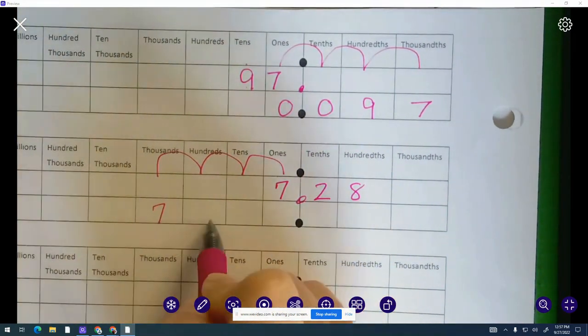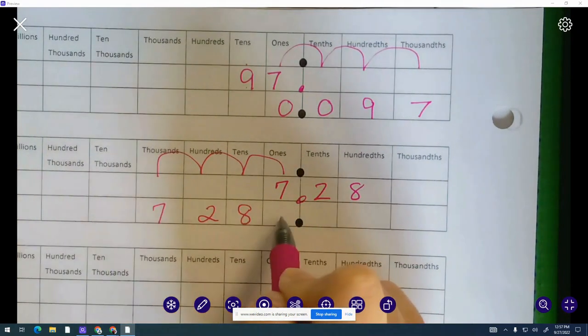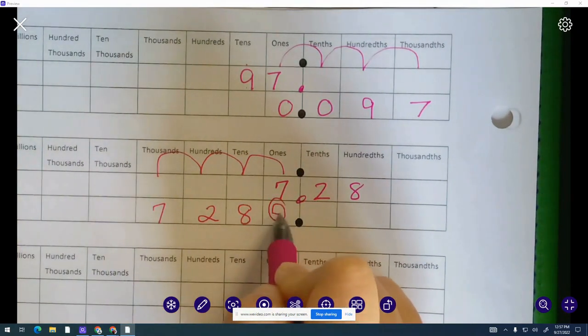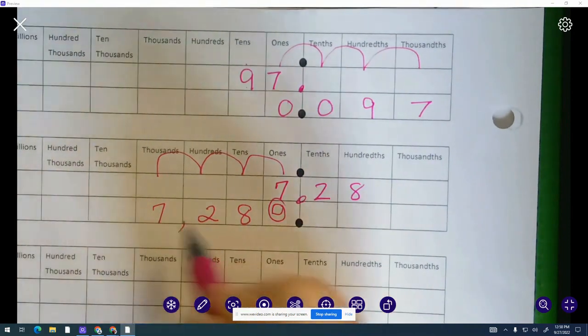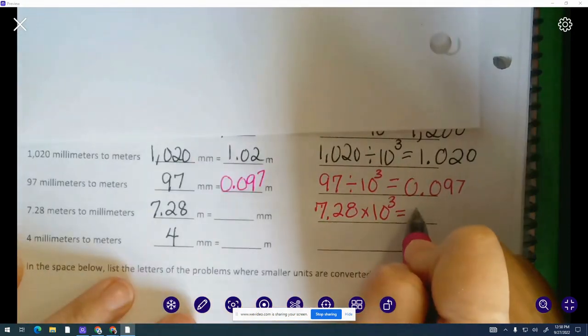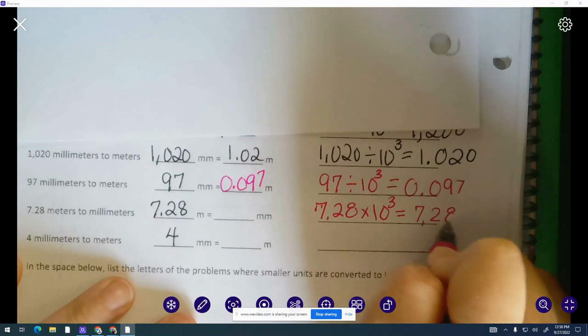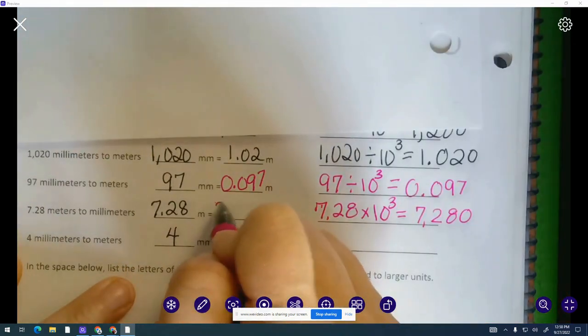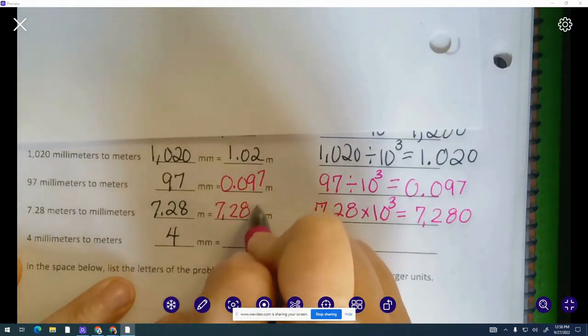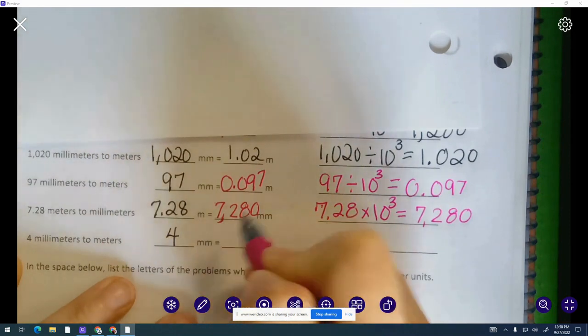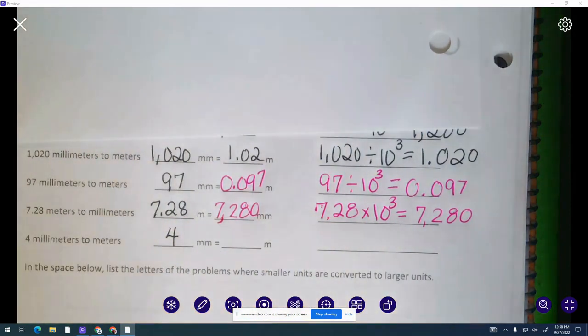So my 7 goes here, my 2, my 8, and then I need my 0 to take up that place. So it's 7,280. And make sure this looks like a separating comma and not a decimal.